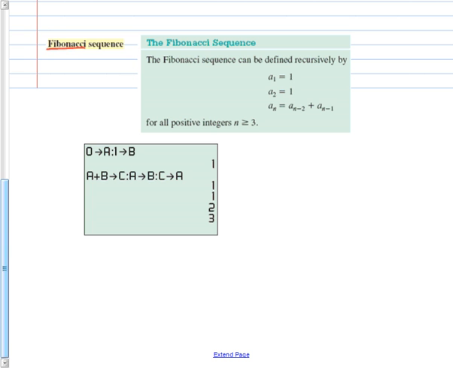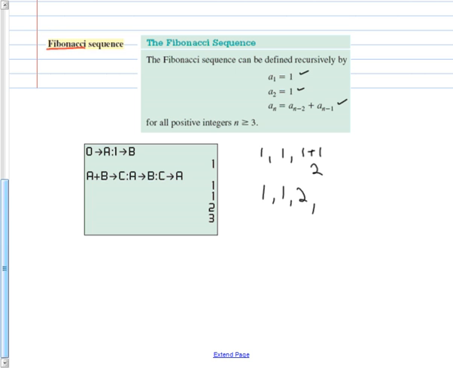The Fibonacci sequence can be defined several different ways, but one of the easiest is this. They tell you what the first and second terms are. They're ones. The first term is 1. The second term is 1. And then every succeeding term is found by adding 2 previous plus 1 previous. So for my third term, 2 previous is 1 plus 1 previous is 1, which gives me a 2. 1, 1, 2.